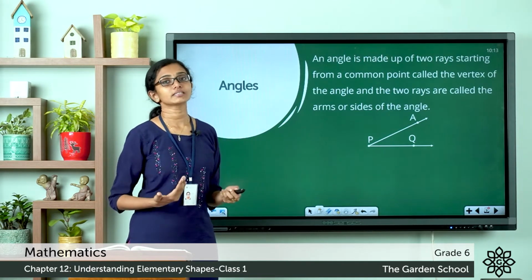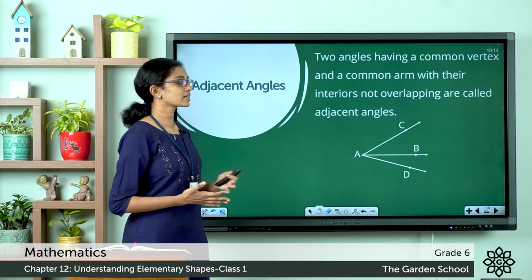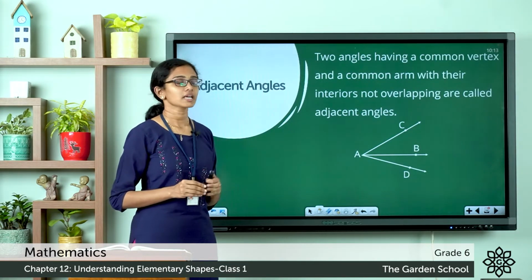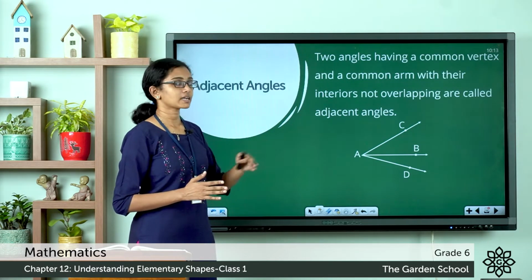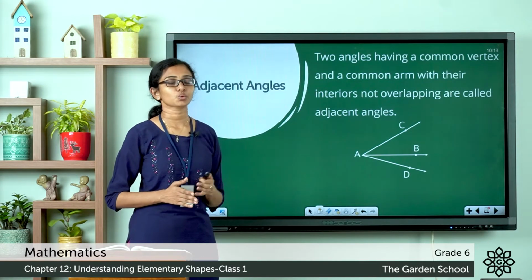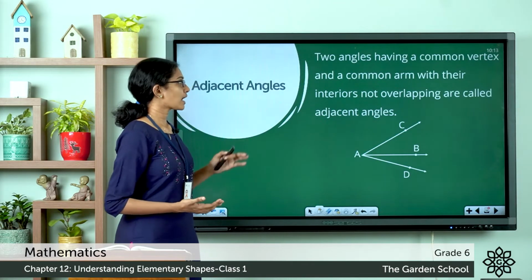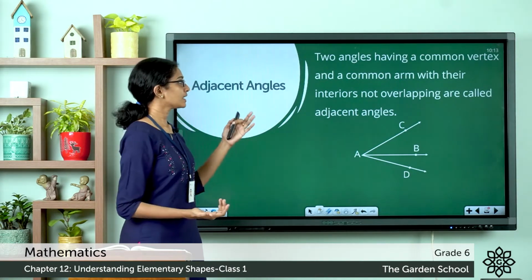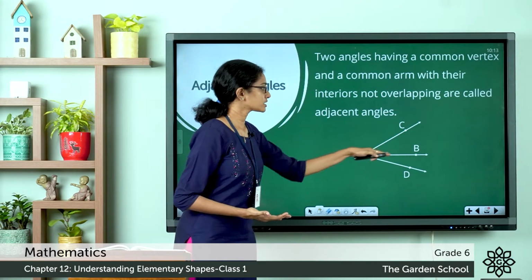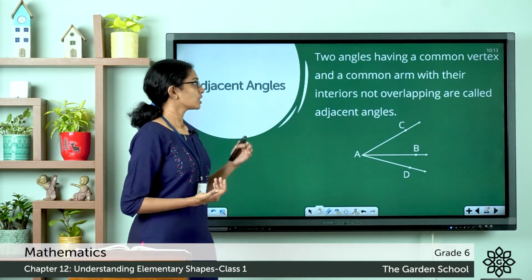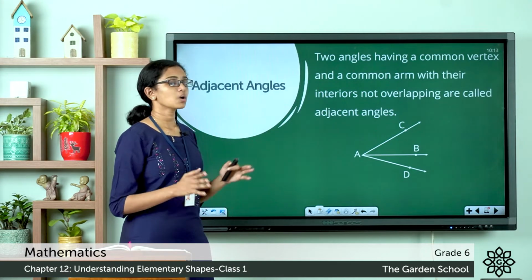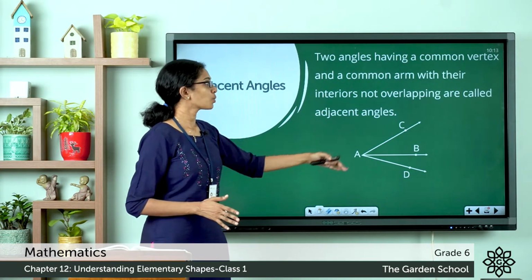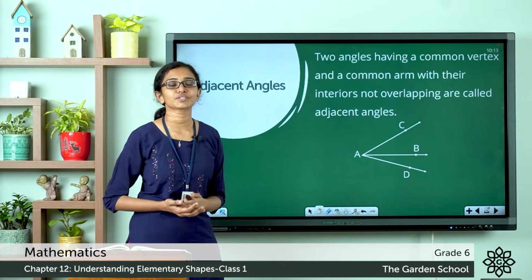Now let's see what are adjacent angles. When two angles have a common vertex, and their interiors do not overlap, we call such angles adjacent angles. So what are adjacent angles? Two angles having a common vertex and a common arm. Here there is a common arm for the two angles. So when two angles have a common vertex and a common arm with their interiors not overlapping, they are called adjacent angles.